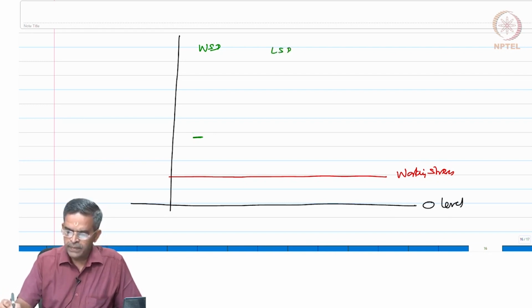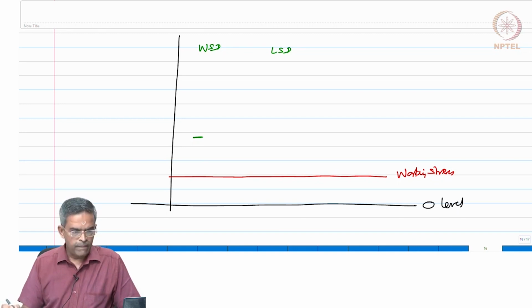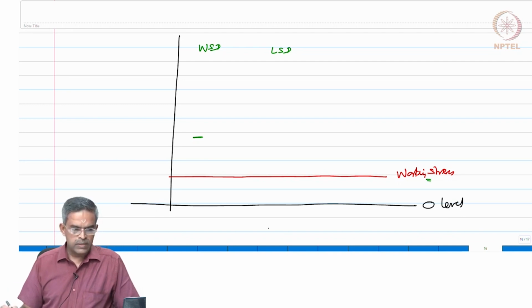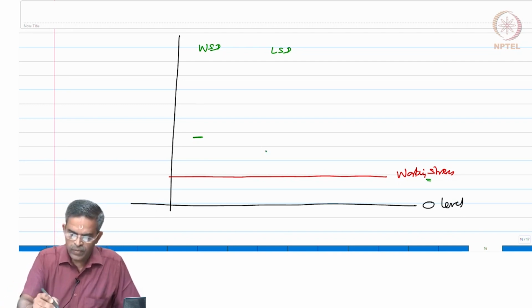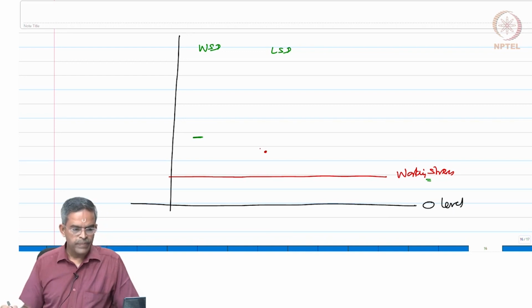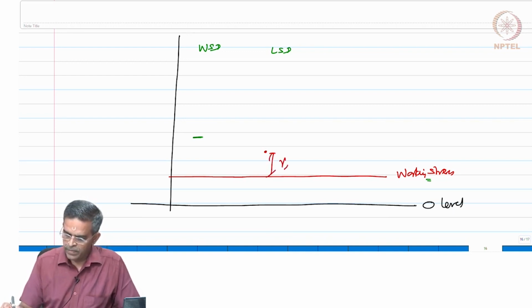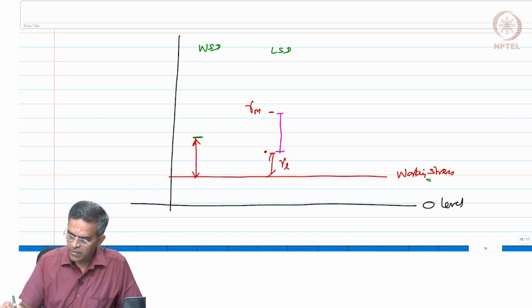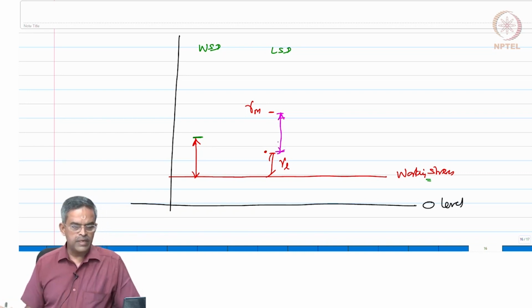whereas in limit state design the load at working load is enhanced by gamma L, but the material is applied with gamma m, okay. So, this becomes my parameter for working stress design and this becomes my parameter for limit state design.